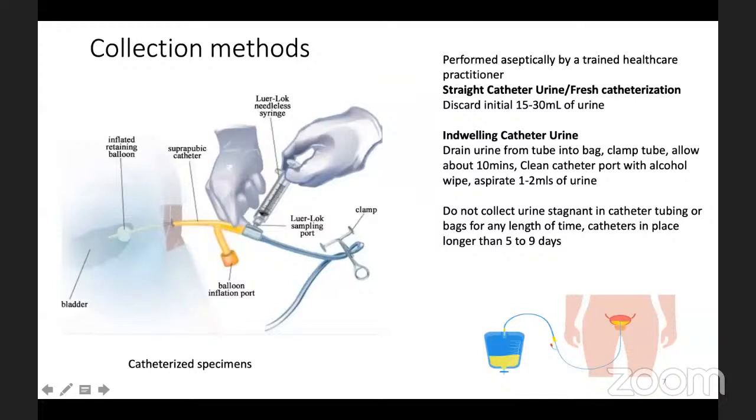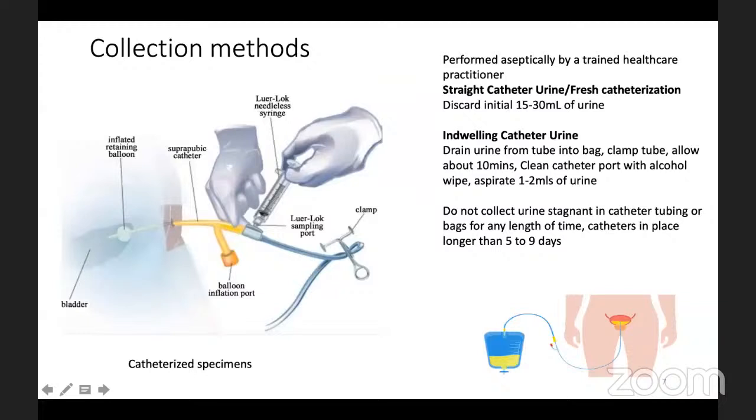This is one method. Another method is when you are coming to give a fresh catheter. For that one, the nurse does all her aseptic techniques, and then once the catheter is inserted, she allows about 15 to 30 ml of the urine to pass out. And then she can collect the other parts into your sterile container.